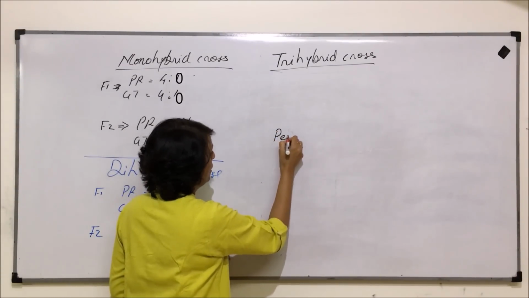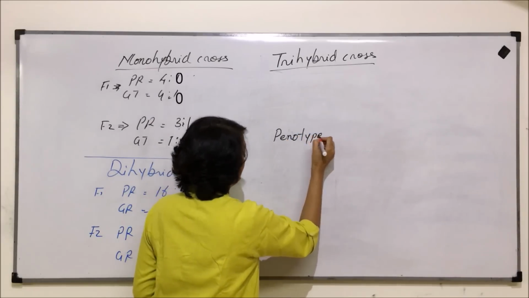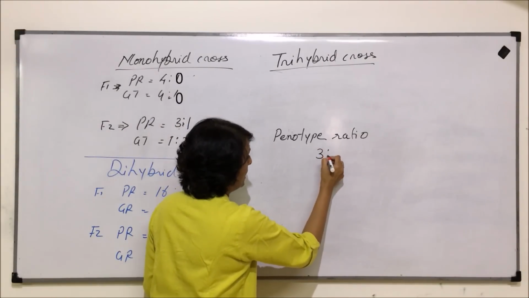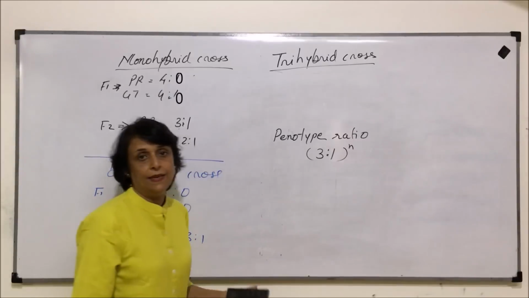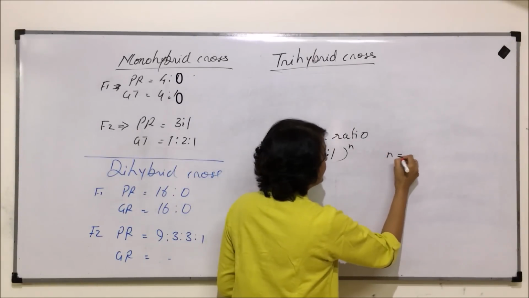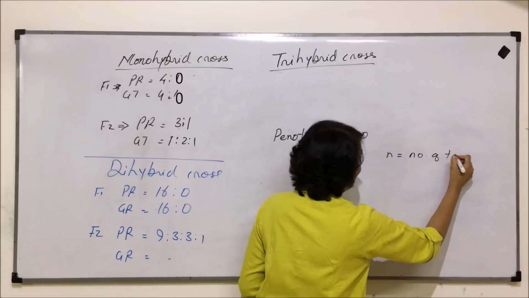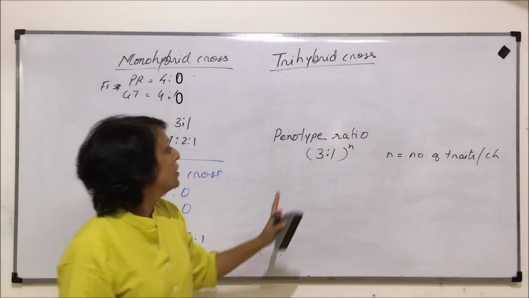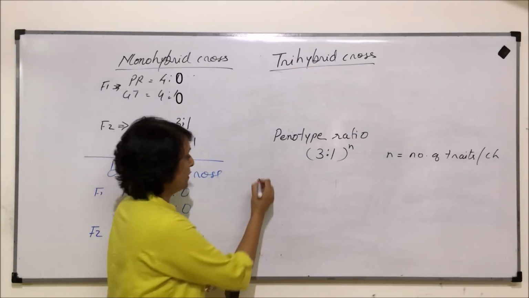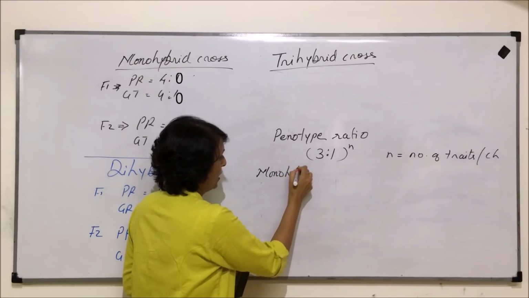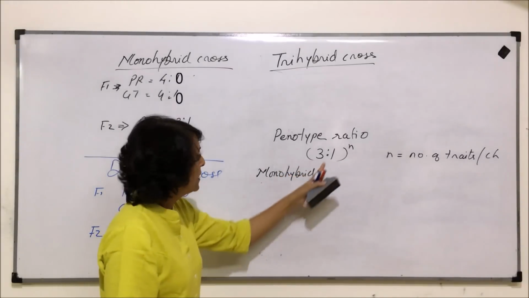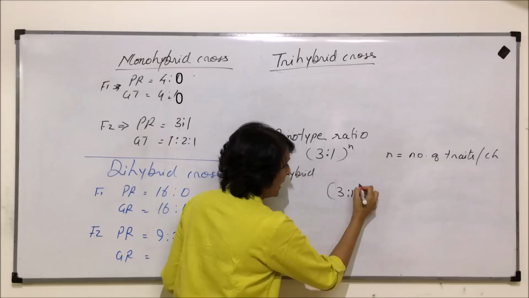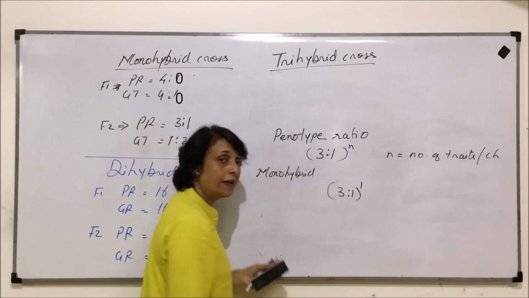Now to find out the phenotype ratio, the formula is 3:1 raised to n, where n is the number of traits or characters which we have taken into account. In case of a monohybrid cross, our general formula will be 3:1 and n here in a monohybrid is 1.